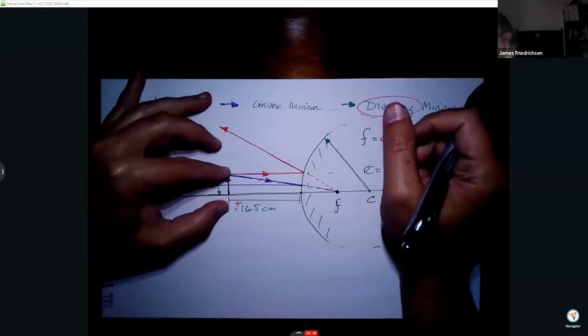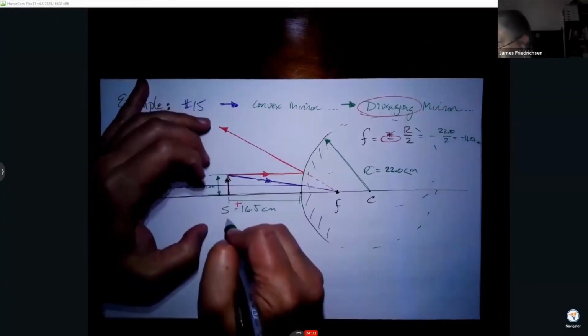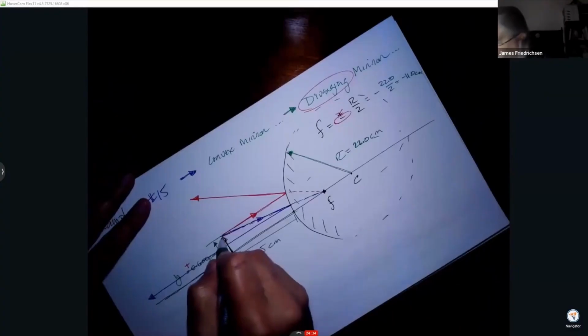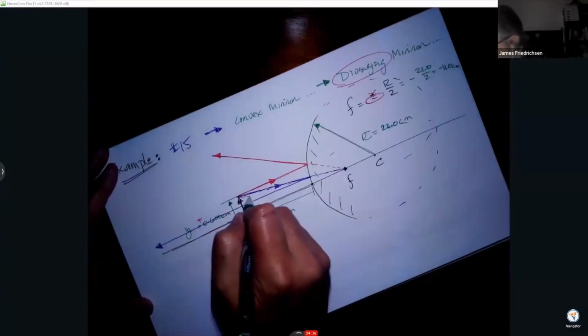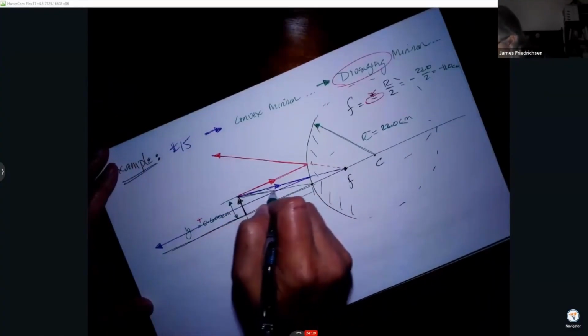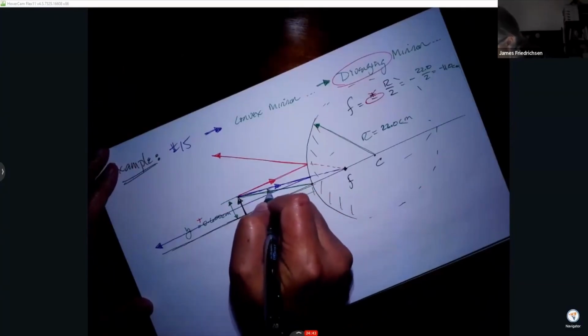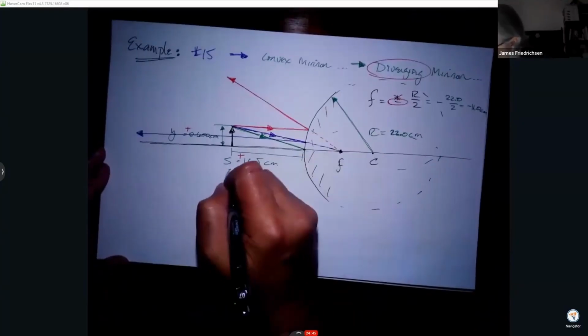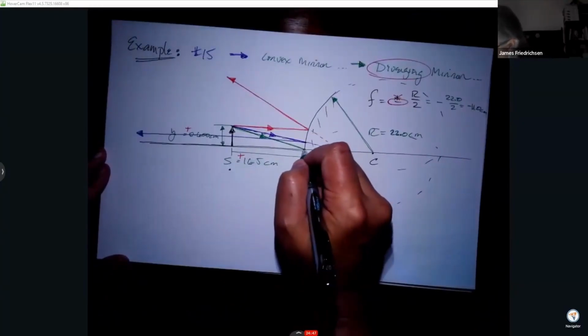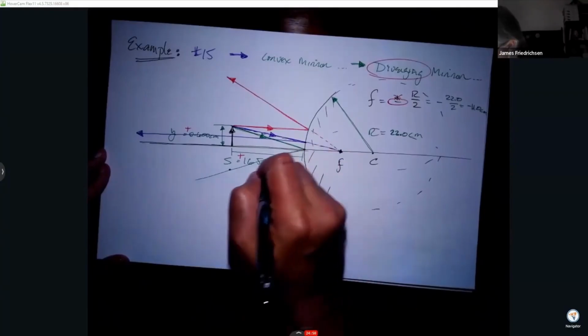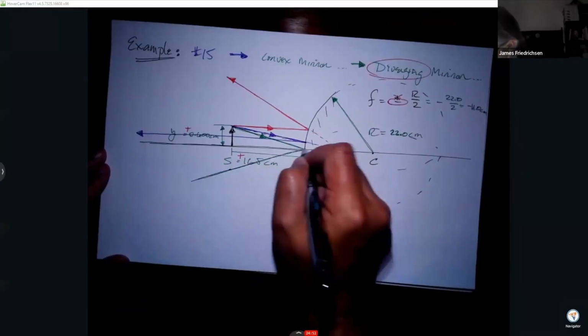And so then I'll take my object, flip it upside down, mark the dot, go from the tip to the vertex and draw in our ray. And then draw from the vertex to the point where I inverted it. Other ray.